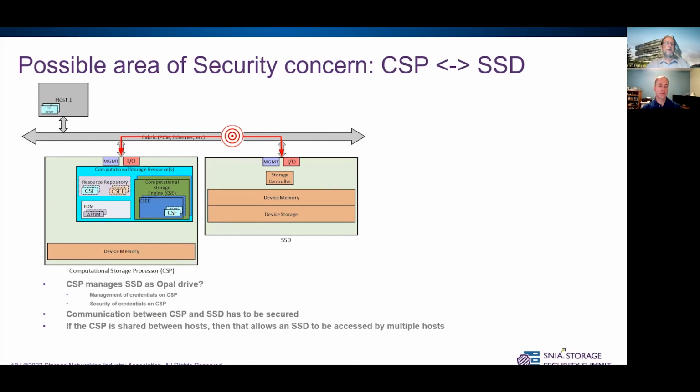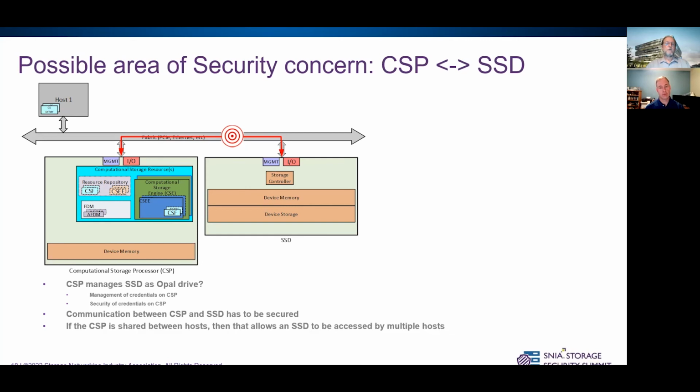If your SSD in this particular configuration is an Opal drive, then your computational storage processor would actually be acting as the host that is connected to that Opal drive. Now, an Opal drive, in my understanding, is only allowed to connect to a single host.